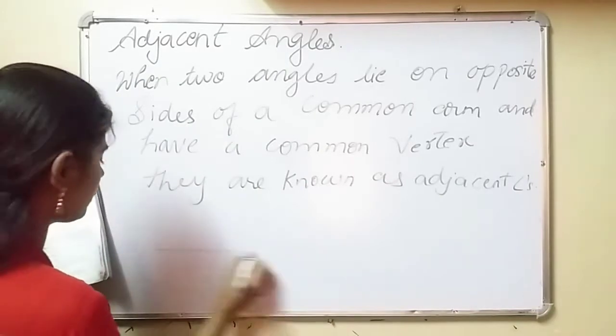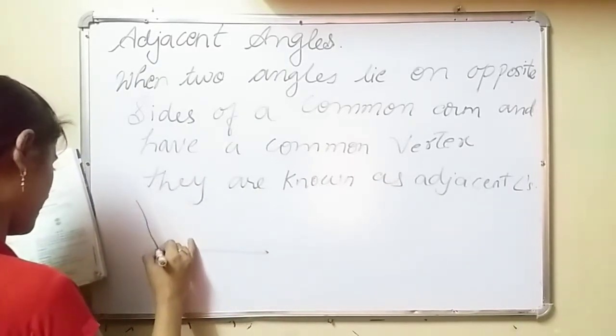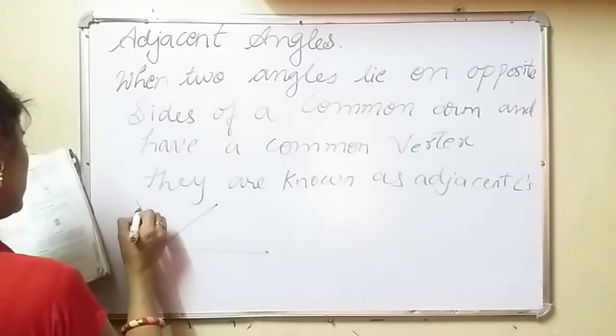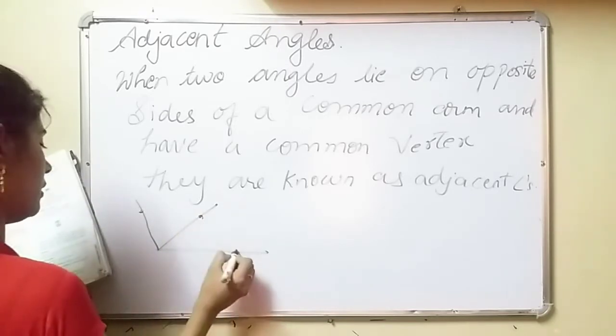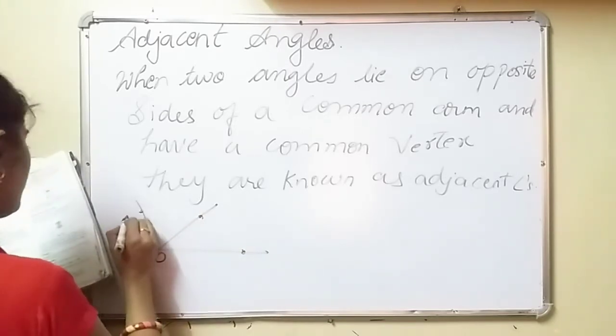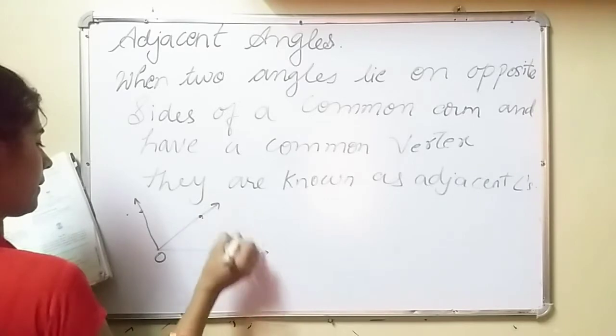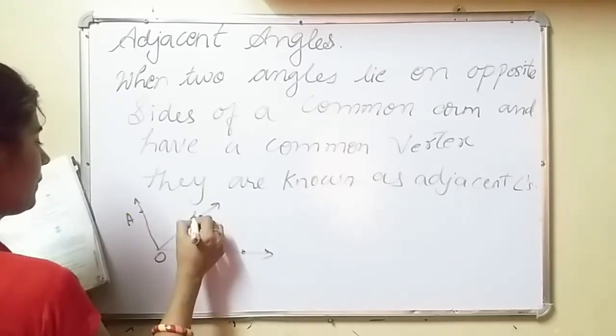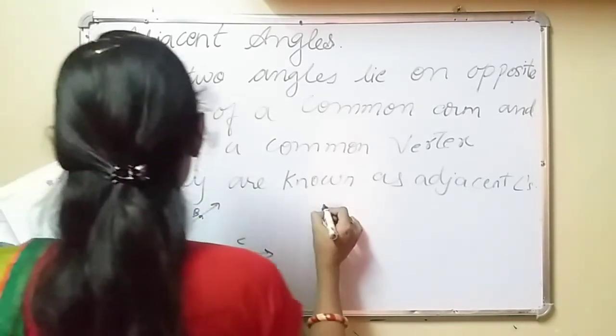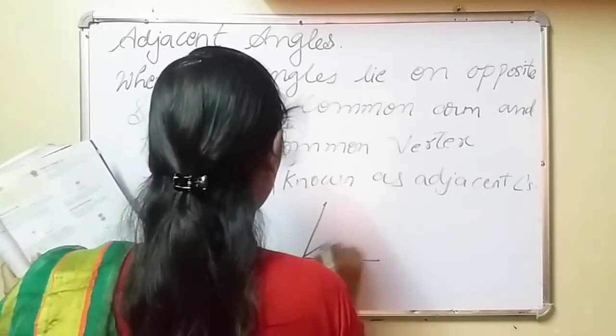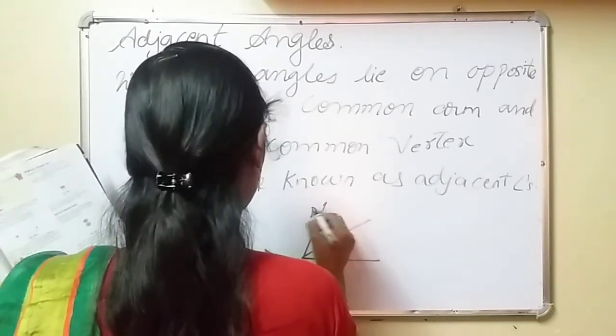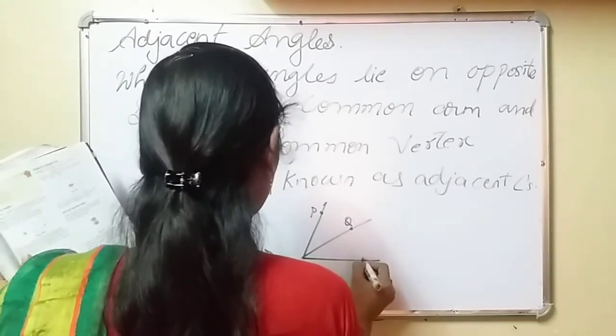Now see, if two angles are made, A, B, C and point is O. A, B, C. Here also two angles P, Q, R, O.